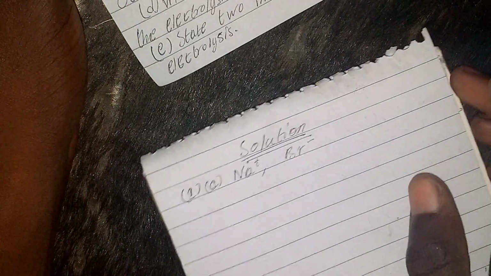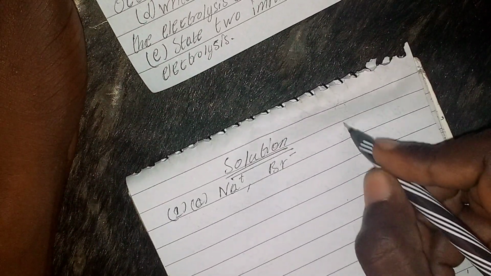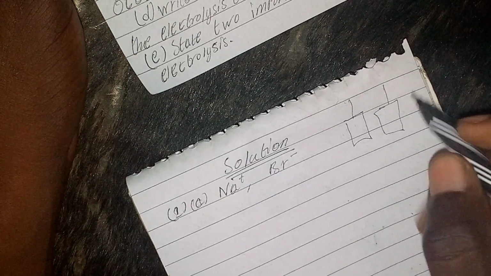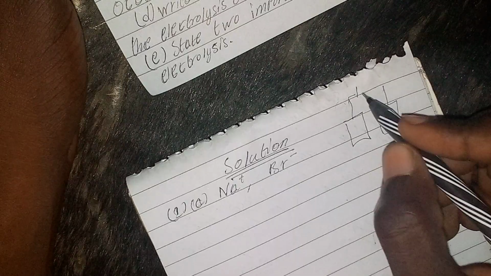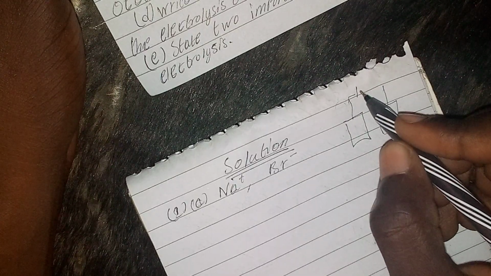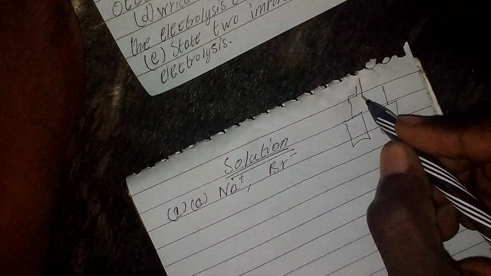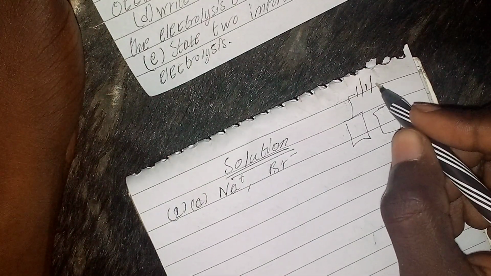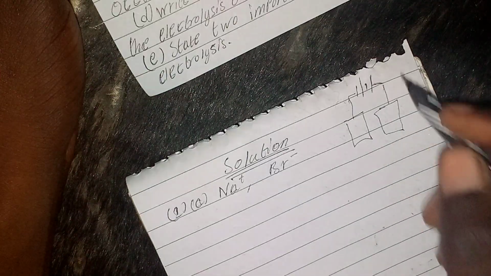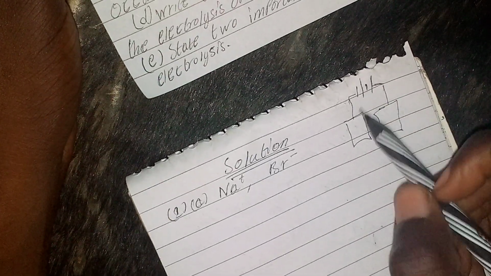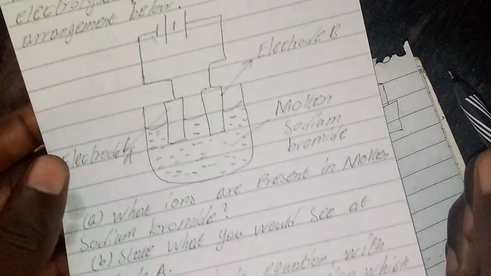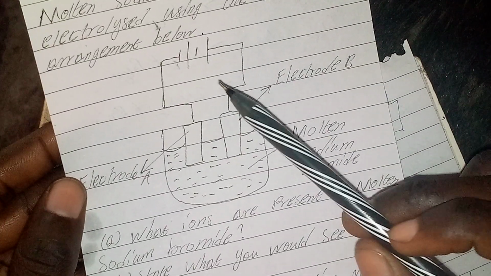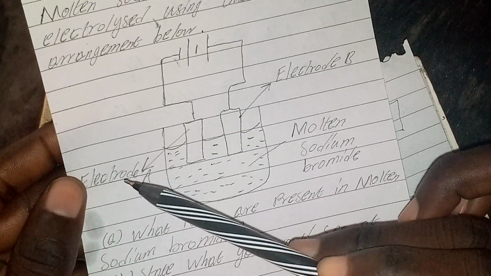Before you answer this, you need to understand that when you have two electrodes and you have a cell on top, like this, in our diagram, on the positive side you have electrode B, and on the negative side you have electrode A.